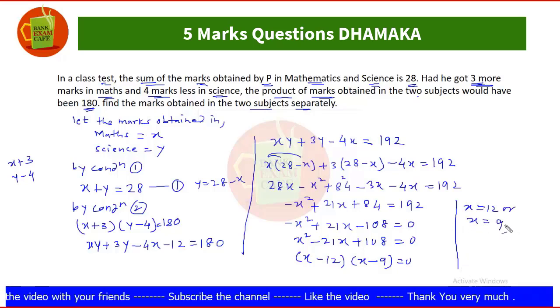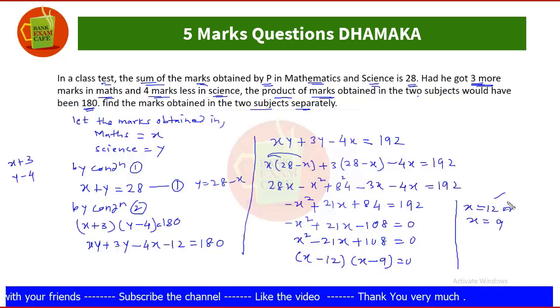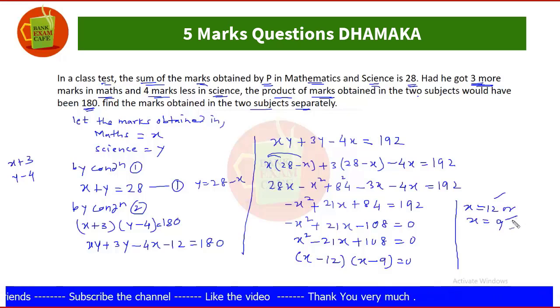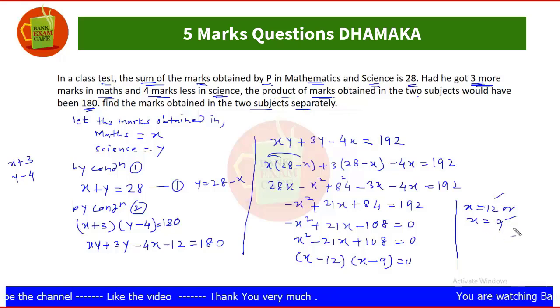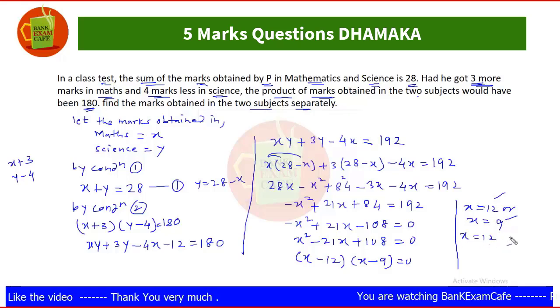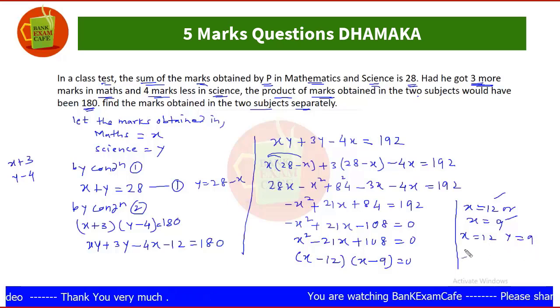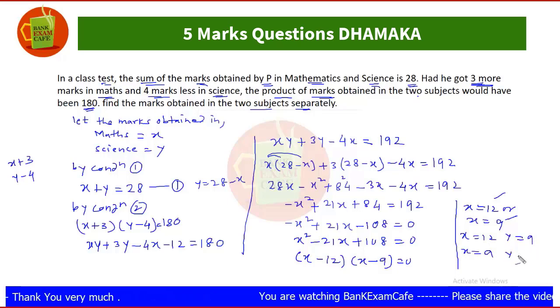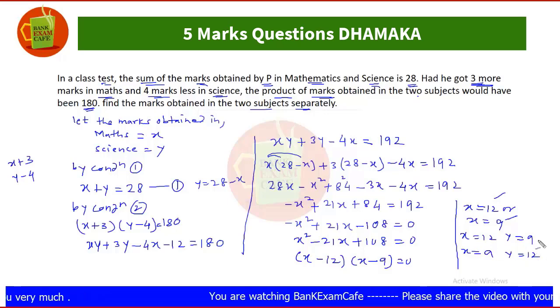If x is equal to 12, then y is equal to 9, and if x is equal to 9, y will be equal to 12, and this way the marks in maths and science are found.